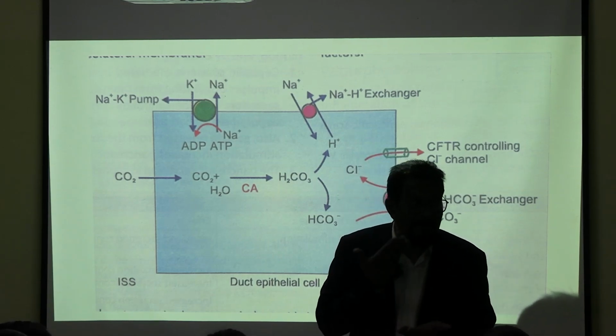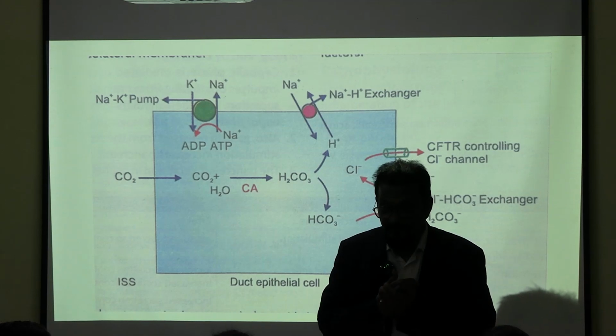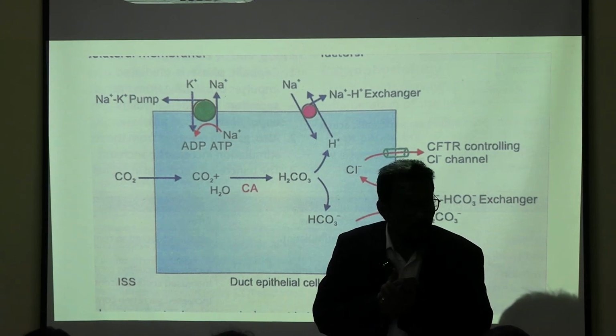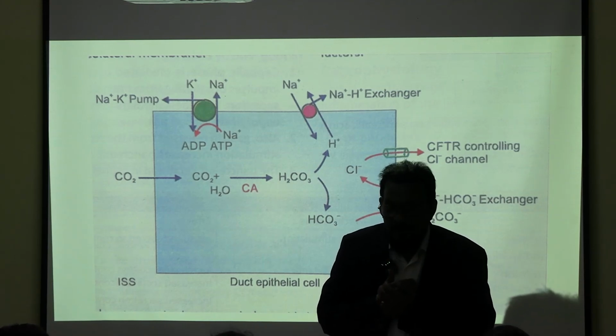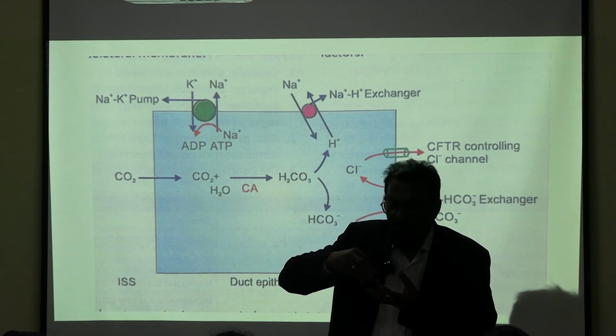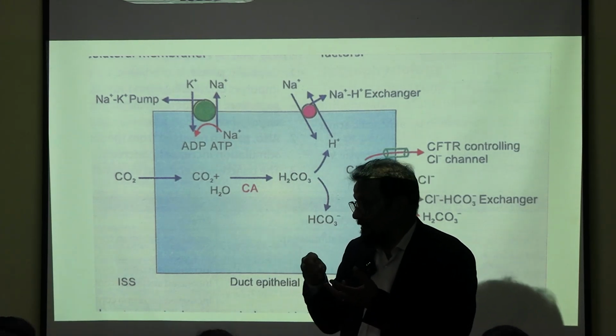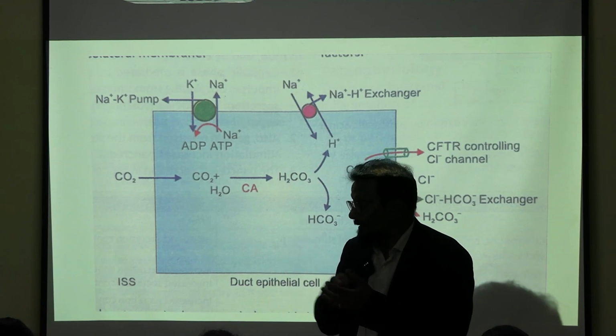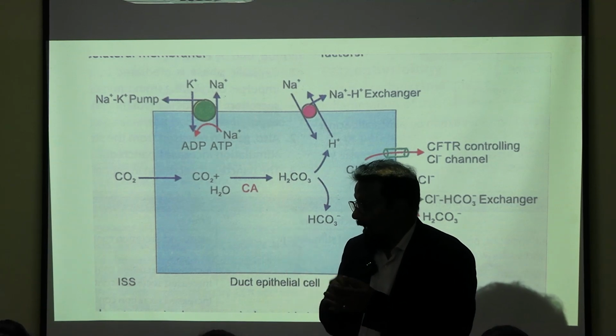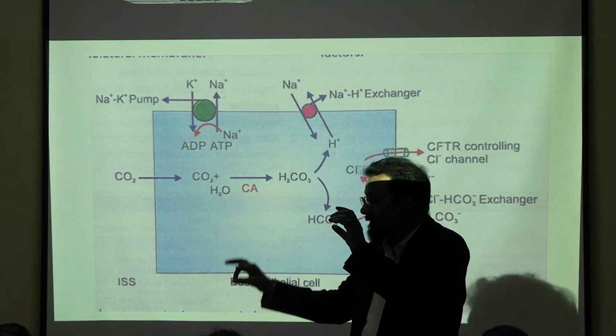Similarly, it may happen in the pancreas. How? There will be a lot of secretion of mucin and bicarbonates, and they may clog the duct.